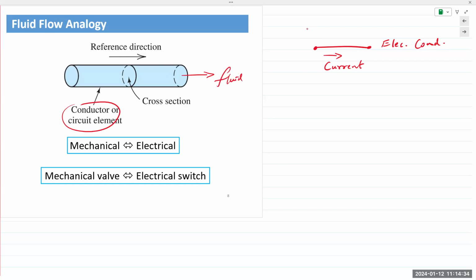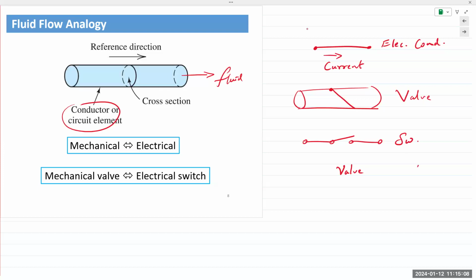Mechanical valve is analogous to an electrical switch. Again, this is just a very crude illustration. Electrical switch is noted like this. We will actually use this symbol in chapters 3 and 4. More in 4.